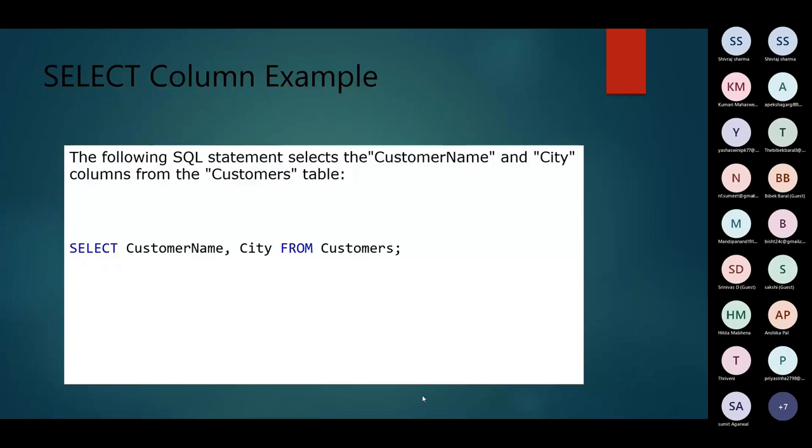You have many things in the customers table, but you will retrieve only customer name and city from this statement, right? So to retrieve a particular column from the table, we mention the name of the attribute of that table, or you can say the name of the column only, right?